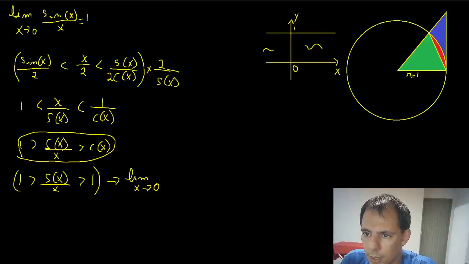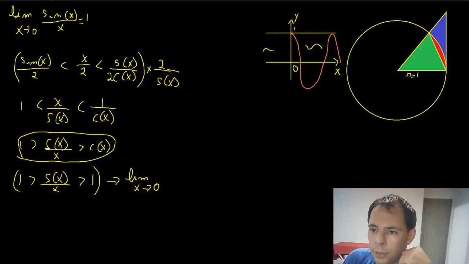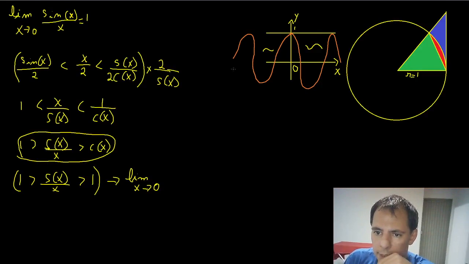And then the cosine is going to do something like this. Right? And it's going to do the same thing in here. And we'll just keep going. So this is the cosine. This is the cosine of x.